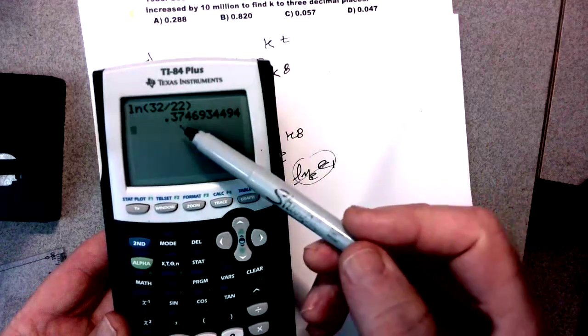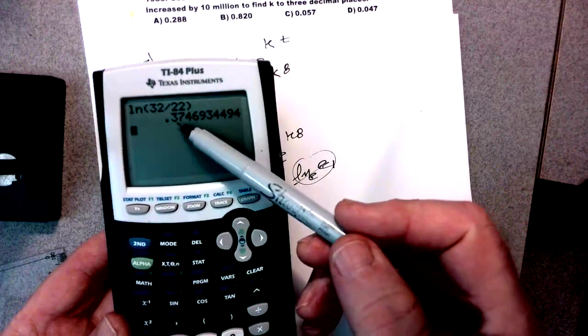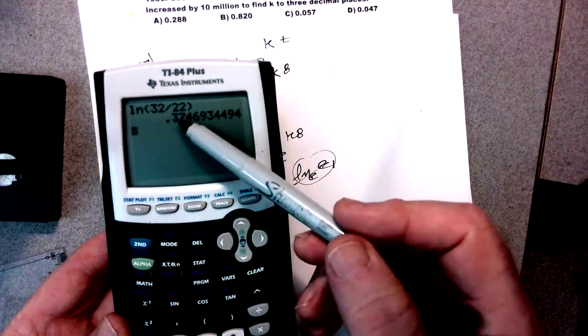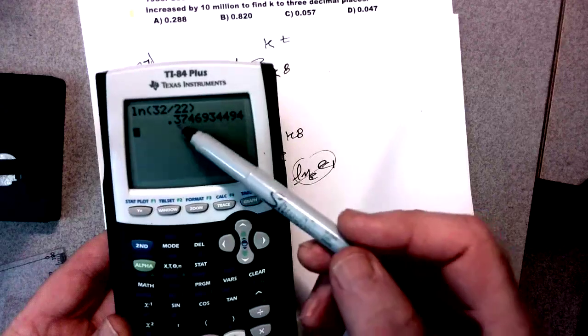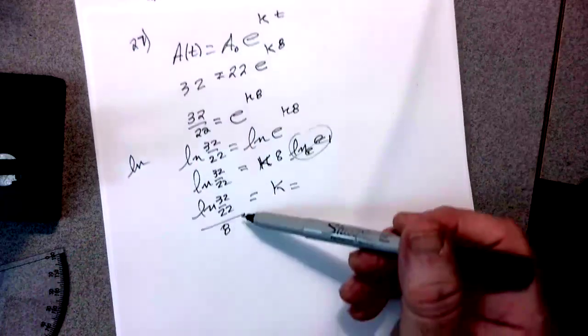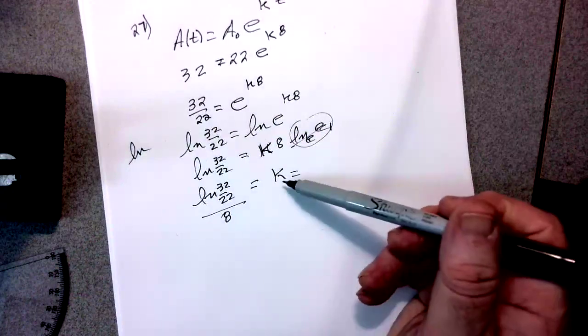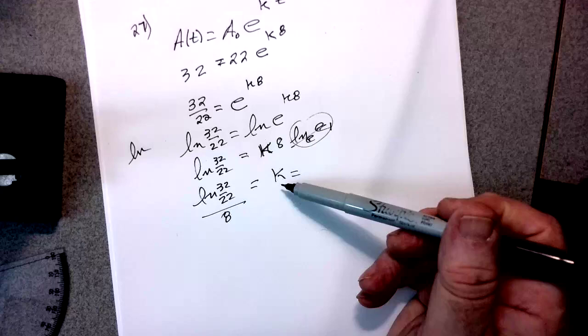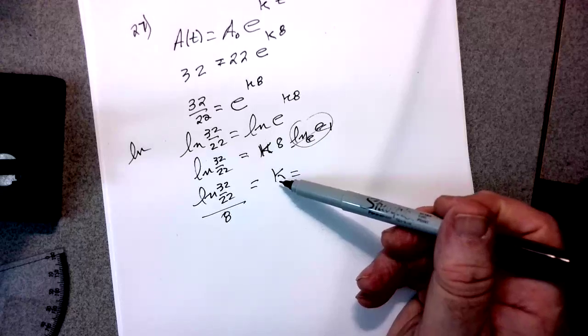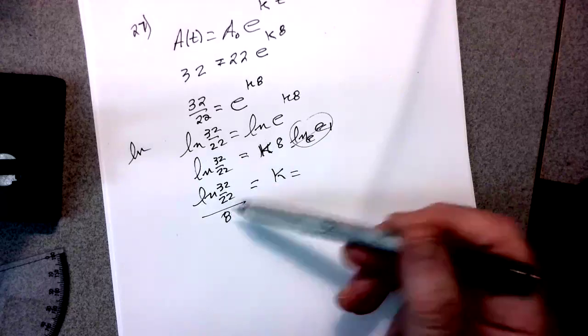Well, that's not the answer, because this is the total growth, in terms of the growth rate. I want to know the per year growth rate. This formula assumes that I want the annual rate, so I want the annualized rate. So I'm just going to divide by 8.